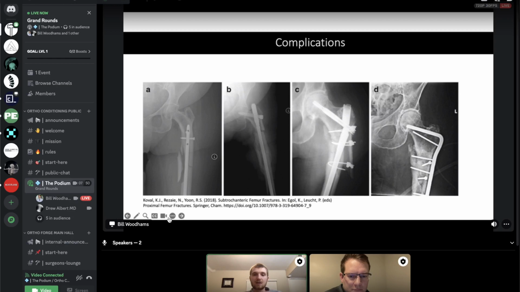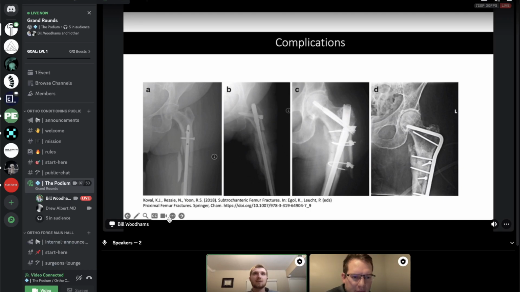In image C, you can see that the wire broke and you have a periprosthetic fracture there. In image D, again, another periprosthetic fracture with non-union. It did not hold up and heal properly. And there's your lateral plate in image D. And that is a common complication that can occur.